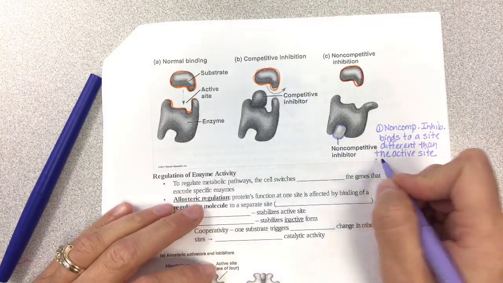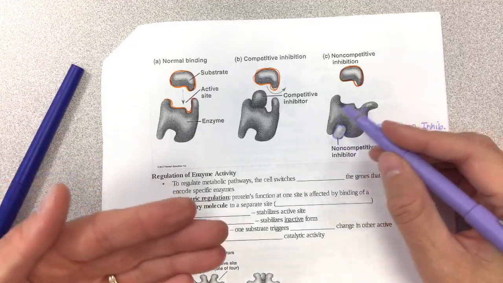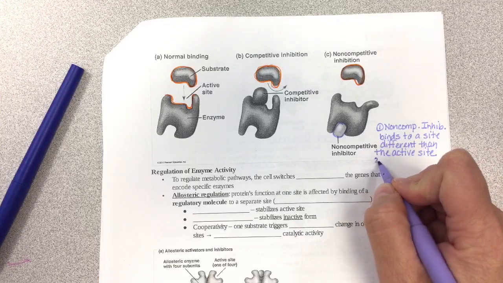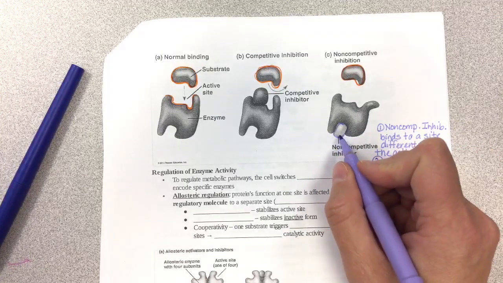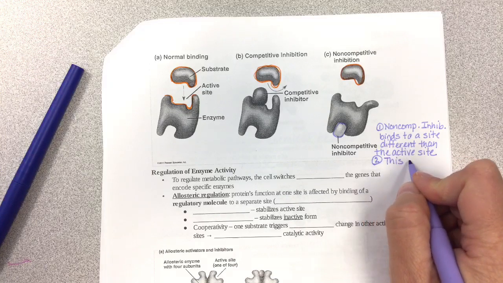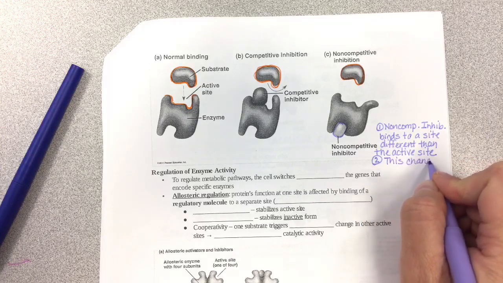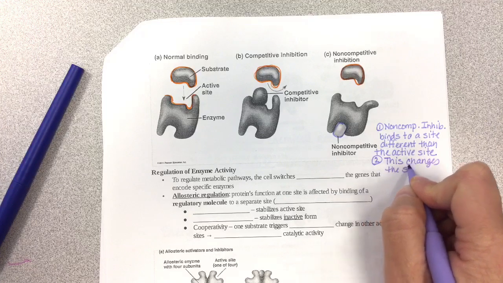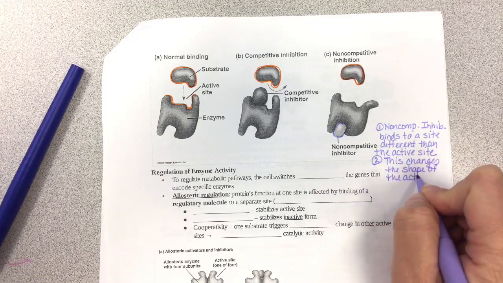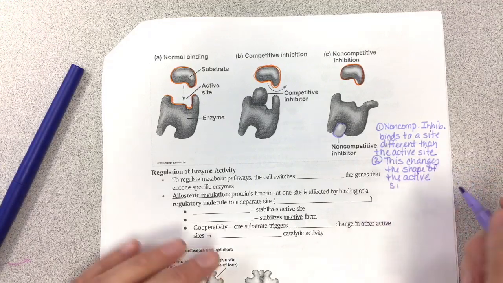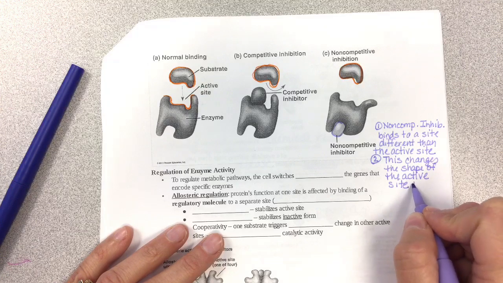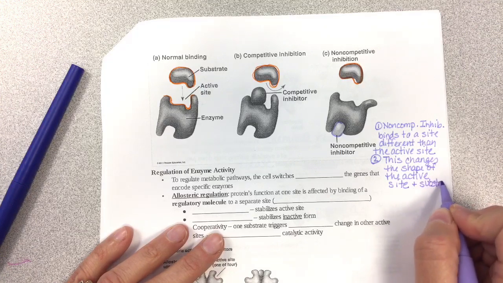In this case, it's on the opposite side. That's the binding. The second thing that happens: look at what happens to the active site. This changes the shape of the active site, and the substrate no longer can bind.